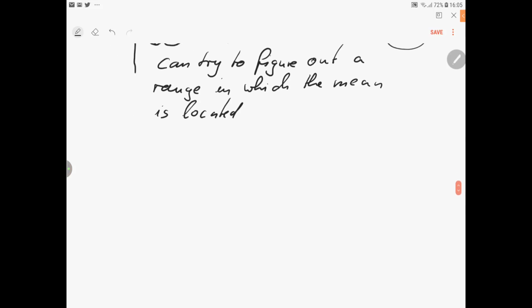Well, what we need to do is we need to calculate the standard deviation of our sample. So sample standard deviation.